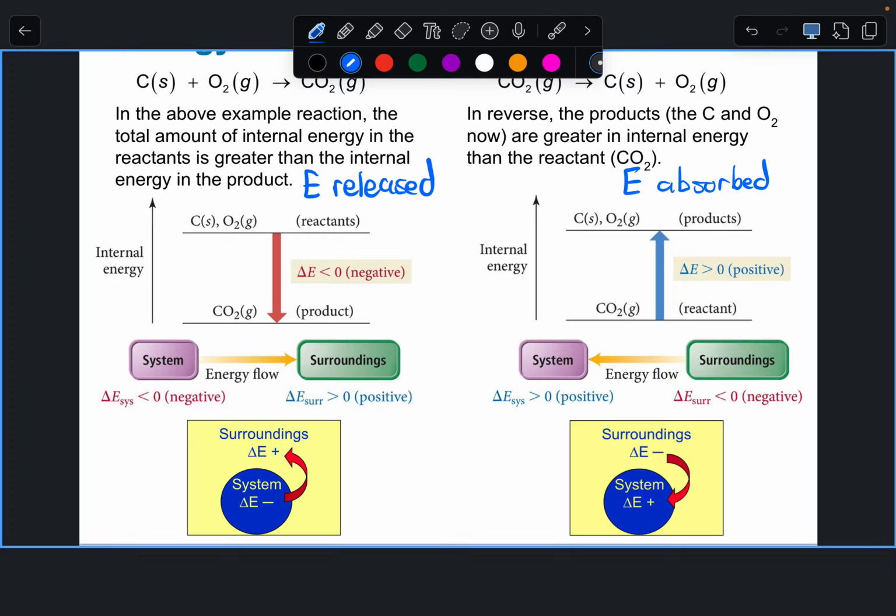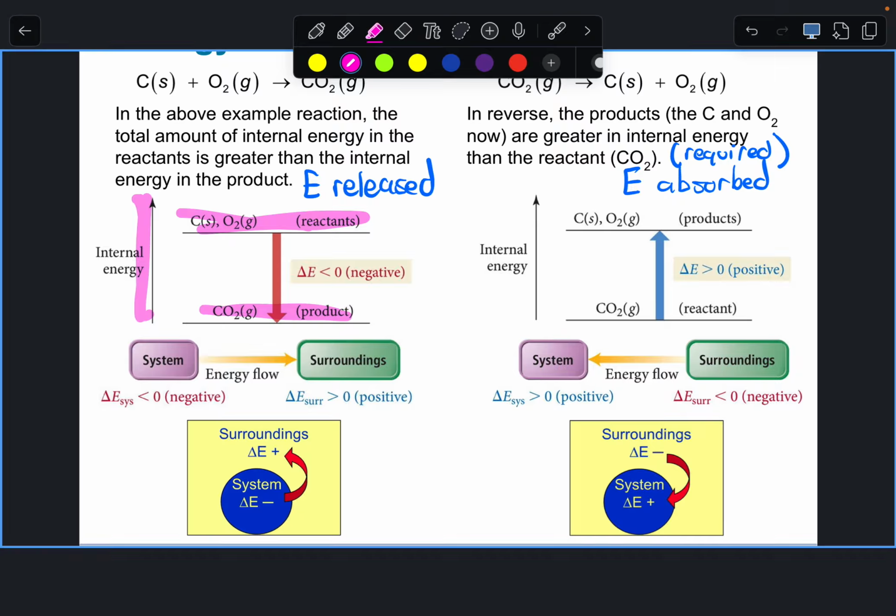And another way of thinking of absorbed is required. Like the reaction will not occur unless it can get that energy from somewhere. So what they're doing here is showing you all these different ways that we represent this. So we can represent it with an energy diagram, right? We can show that the reactants are higher in energy than the products.